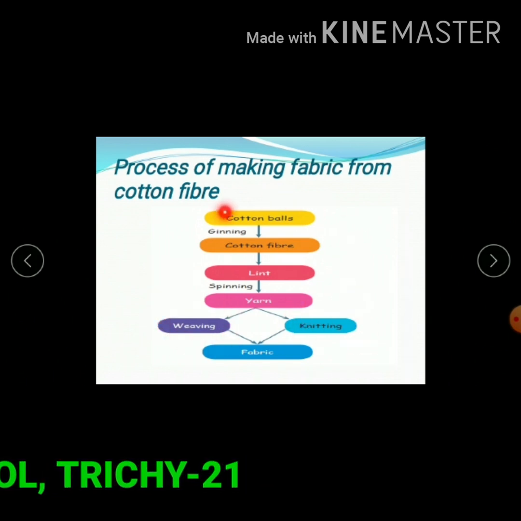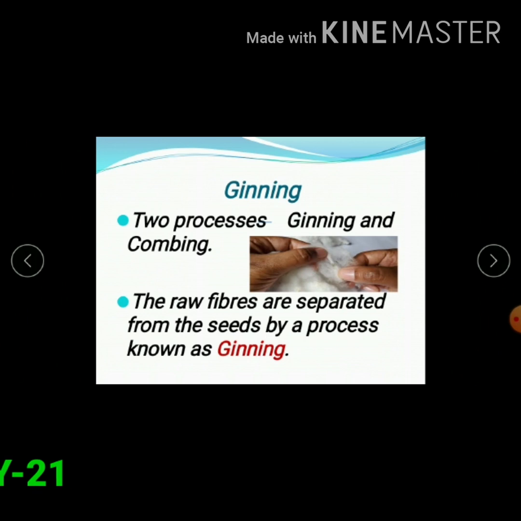These are the processes involved in making fabric from cotton fiber. There are two processes to make cotton yarn from cotton fiber. So what is yarn? It is a thread. So we get the cotton thread from cotton fiber.